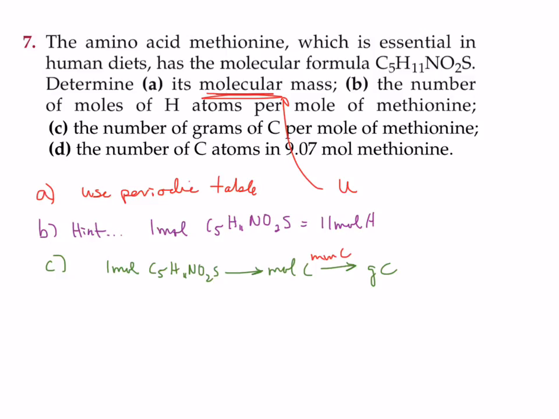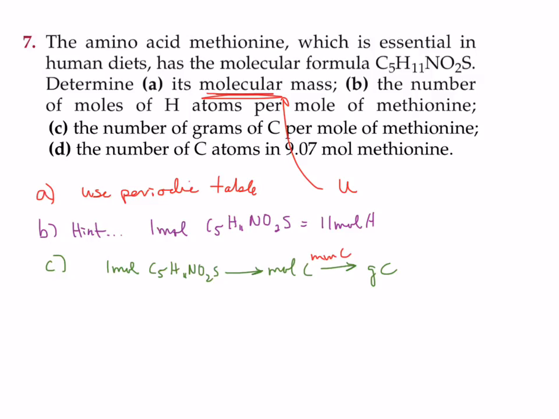For C, you're after grams of carbon in 1 mole of the compound. To me, I would work this as a factor label. I would start with my first term, exactly 1 mole of the compound. I would use the molar mass of the compound. Actually, wait a minute, I'm doing this wrong.